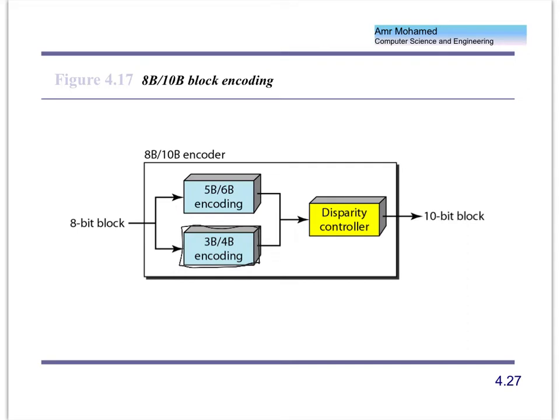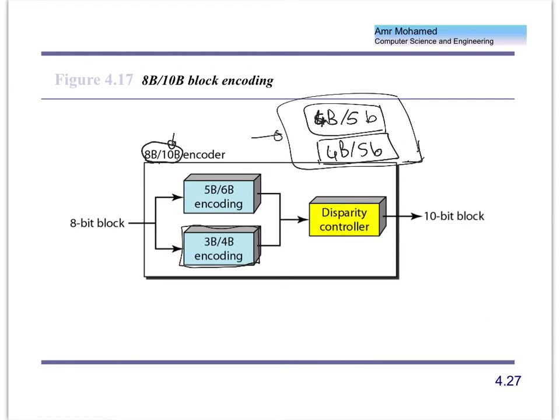So, for example, if I want to convert 8 bits to 10 bits, I can use a 4 bits to 5 bits block, and then I use 2 of these. So this is 4 bits to 5 bits, and I put them in one box. This way I can convert each 8 bits to 10 bits.